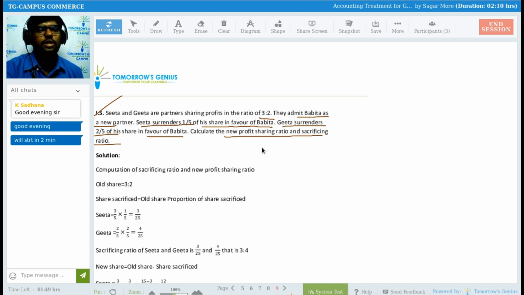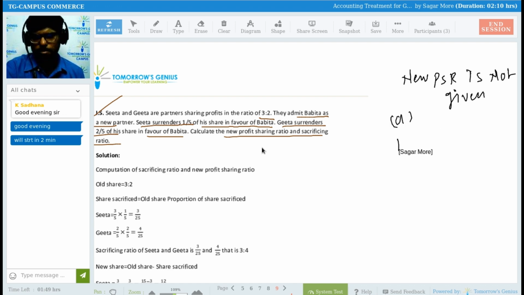First of all, tell me which category it is. So new PSR is not given. Under that, we covered A, B, and C. In A, share sacrifice is directly given, right?